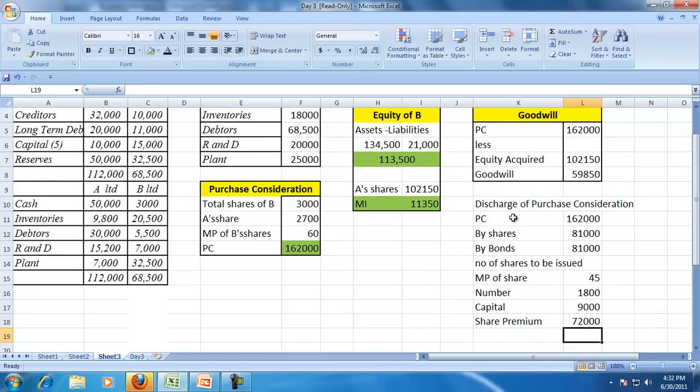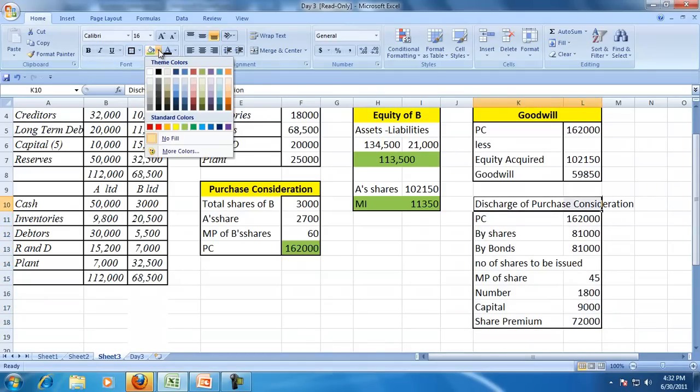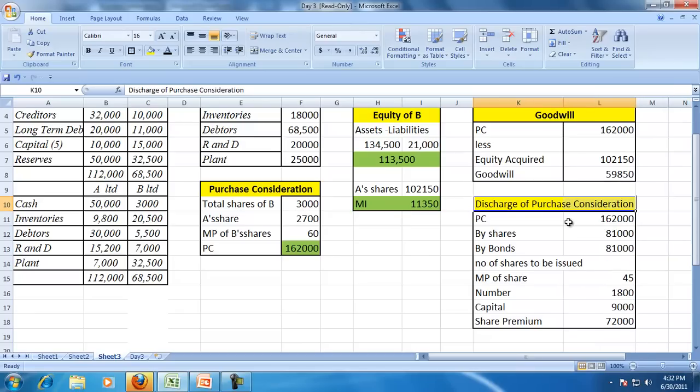That is the way the discharge of purchase consideration happens here. Purchase consideration has been discharged through the issue of shares and through the issue of debentures. The issue of shares has been done at the market price of 45, so the number is 1,800, the capital is multiplied by 5, and the balance is the share premium.